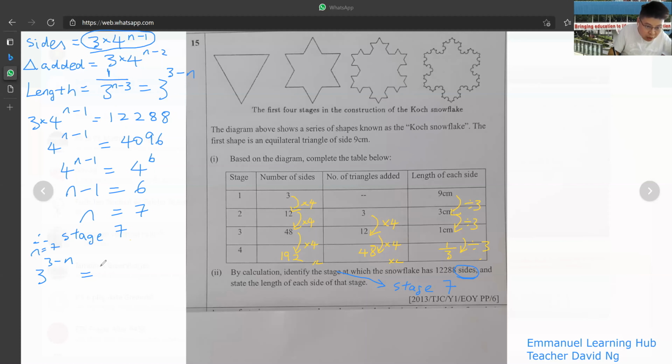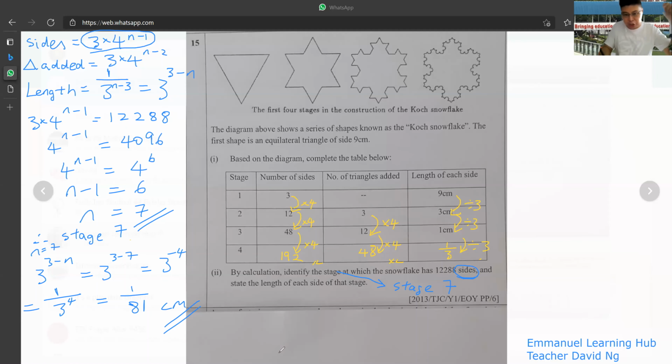So 3 minus 7 is minus 4. 3 to the power of minus 4 is 1 over 3 to the power of 4, which is 1 over 81 cm. So that's the length of the side of stage 7.